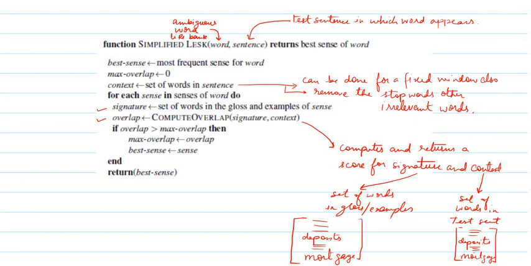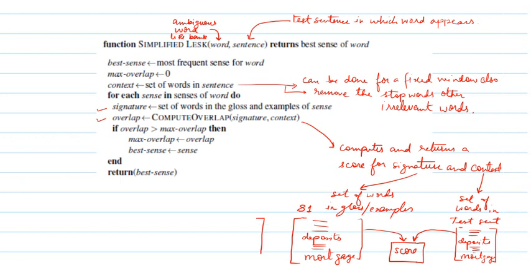So this list is of sense 1. So in the first round this list will be calculated. Using these two, some kind of score will be generated. Similarly, we can have the same thing for sense 2 as well.